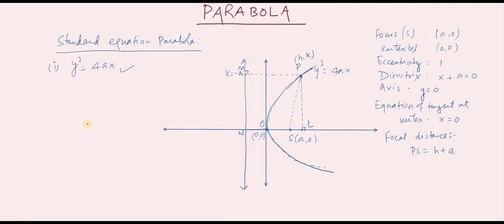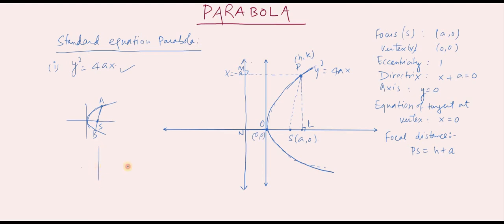Now something else, suppose this is a parabola and S is its focus, then any line which intersects the parabola at, suppose, two points A and B and passes through S is called a focal chord of the parabola. Obviously a chord is a line segment which intersects the curve at two points, and if it passes through the focus of the parabola, then it is called a focal chord.